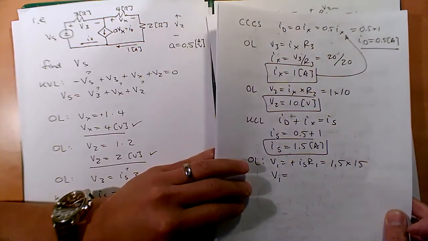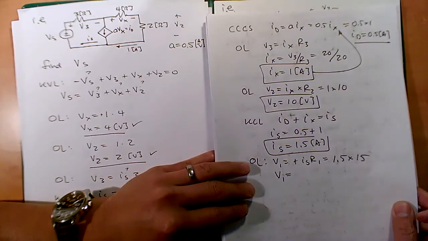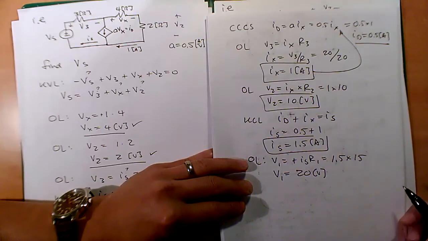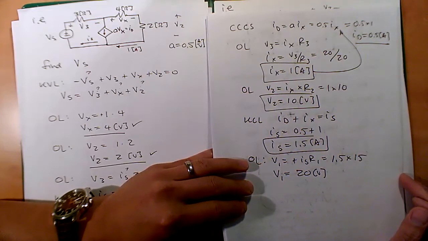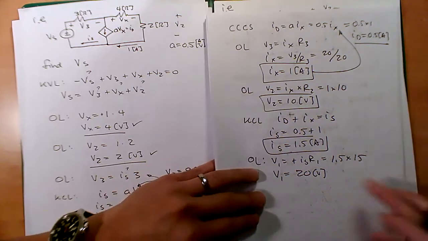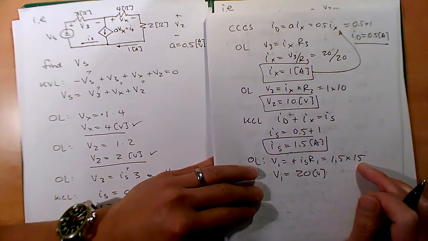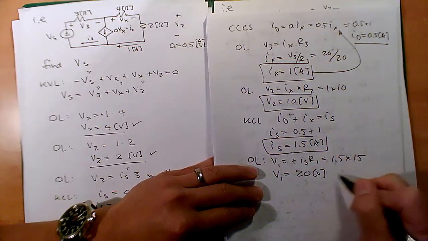Is that 20? I think that's 20, right? Okay. So, yeah. All right. No, that's not 20. It's half of 15 is, what are we, brain farting here, 7.5. This is going to be 22.5.